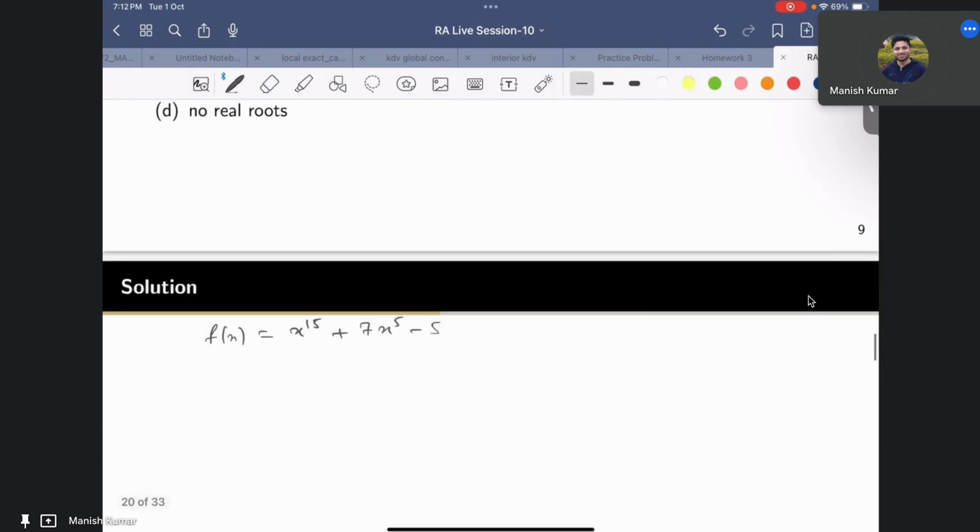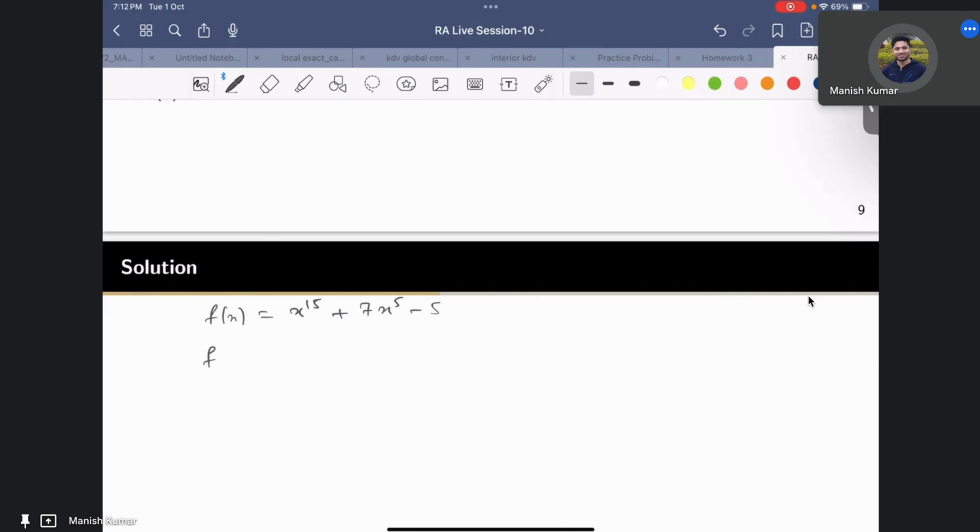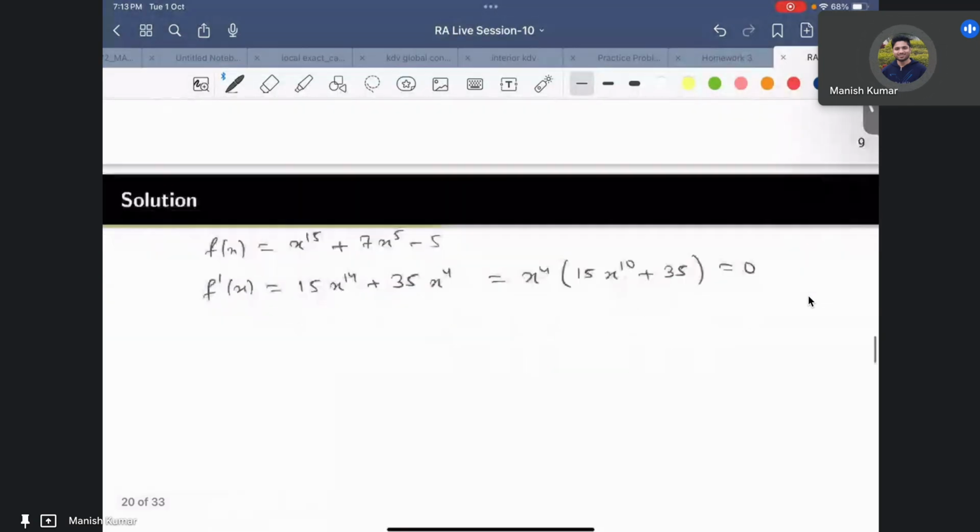So let us try to see the derivative, how it behaves, whether it's increasing, decreasing, or what kind of property it has. So you can see this is 15x^14 plus 35x^4 and then 0. So I can take x^4 common: x^4 times (15x^10 + 35).